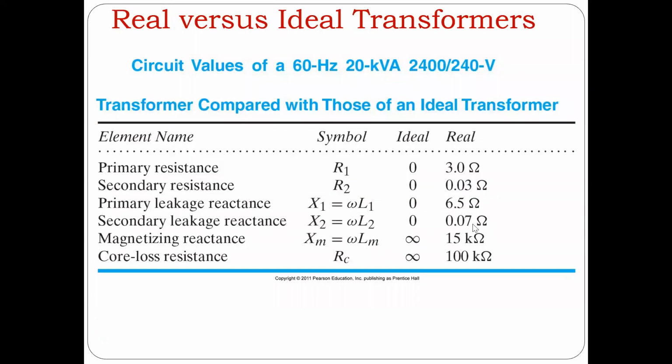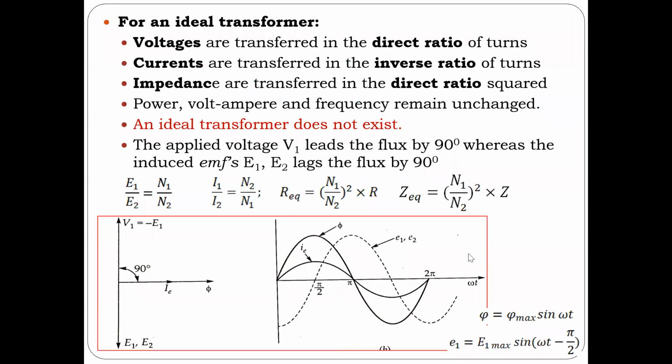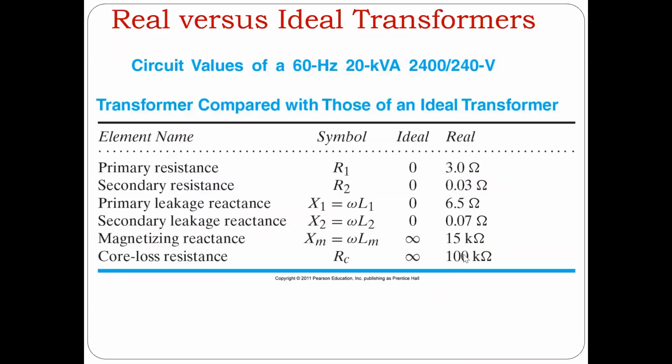All right, next. So when I say that an ideal transformer does not exist, I should also tell you what is the difference between an ideal transformer and a real transformer that you work with. An ideal transformer should have 0 primary coil resistance, 0 secondary coil resistance, 0 reactances for primary and secondary leakages.